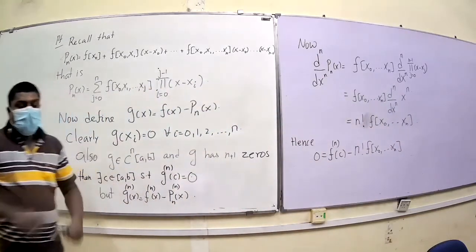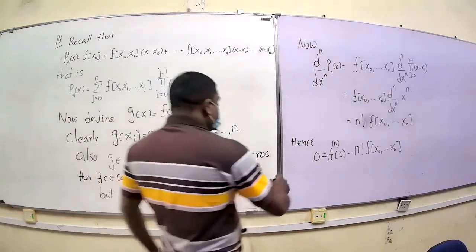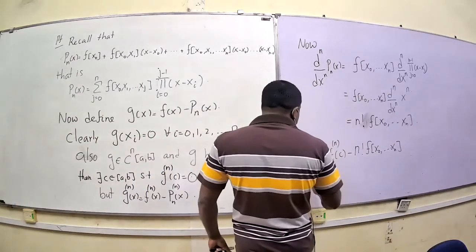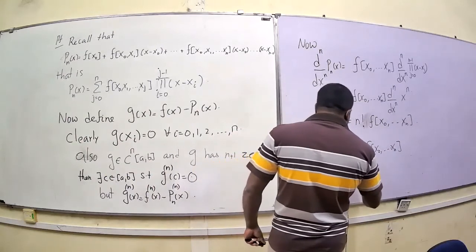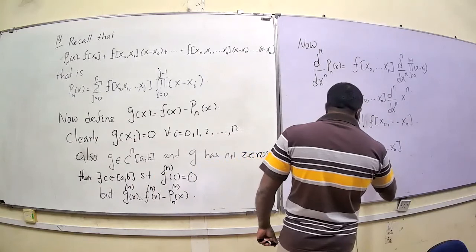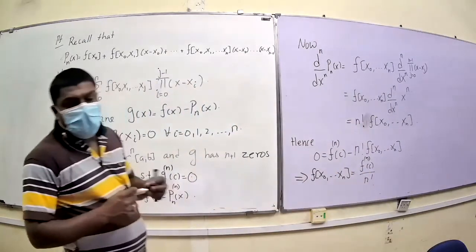Right, so when you solve this, you get the formula which we are looking for. So this leads to f of x0 up to xn is equal to the nth derivative at c divided by n factorial.